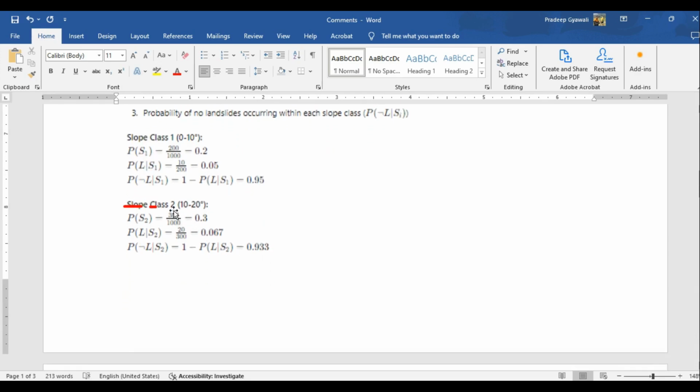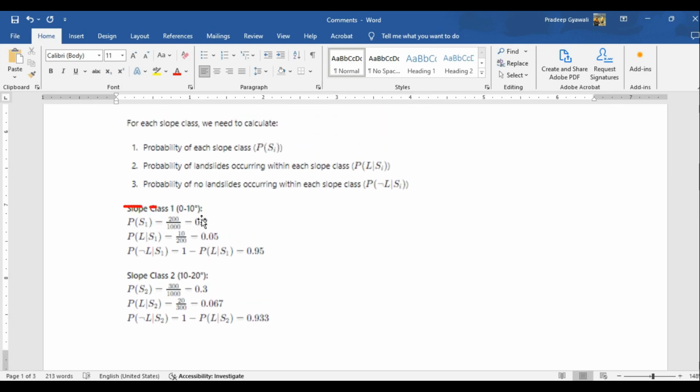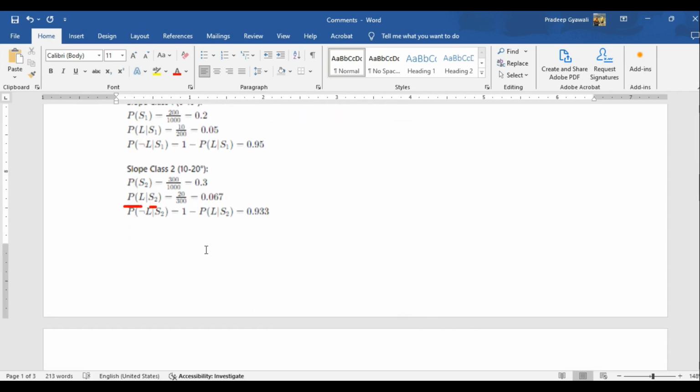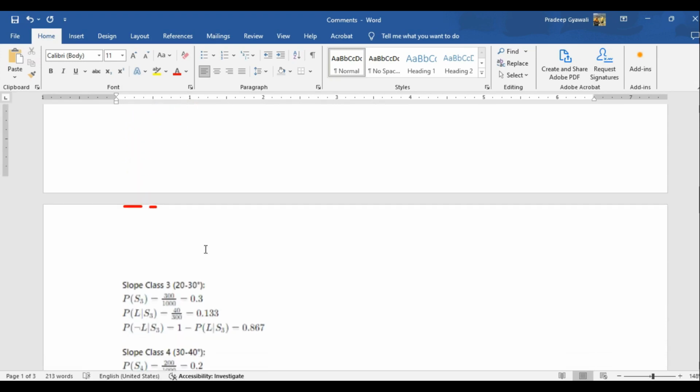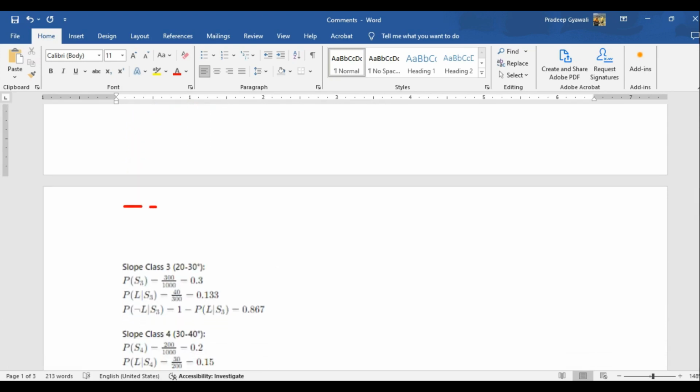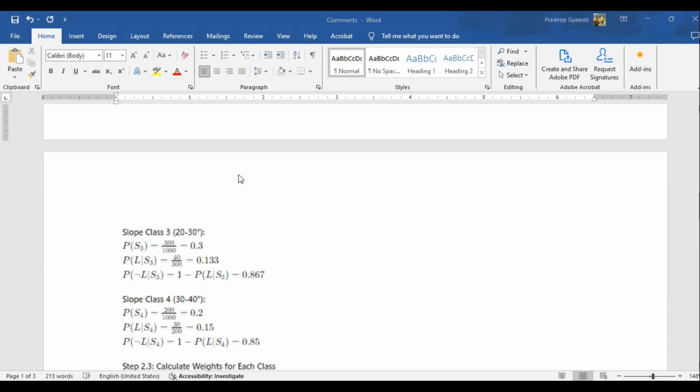Similarly, for class 2, the probability of this slope class is 0.3. The probability of landslide occurring within class 2 is 0.067, and the probability of no landslide occurring in class 2 is 0.933, which means 1 minus 0.067 gives 0.933.